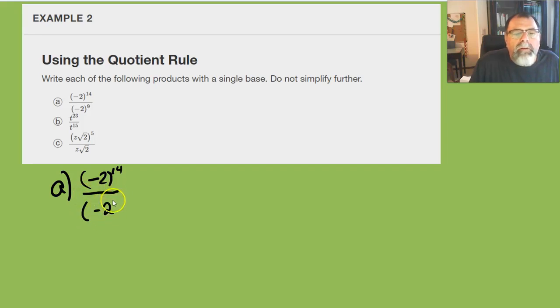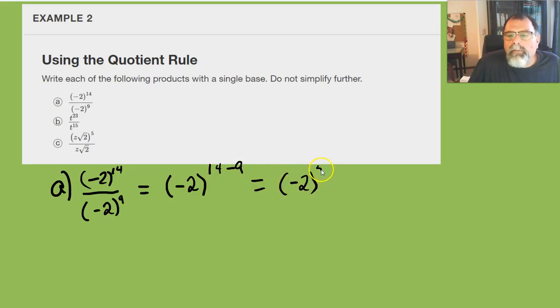So here we've got negative 2 to the 14th divided by negative 2 to the 9th. Since the bases are the same and we're dividing, we can use the quotient rule for exponents. And we're going to leave the base alone, so that's negative 2. And then we're going to subtract the exponents. So we get negative 2 to the 5th.